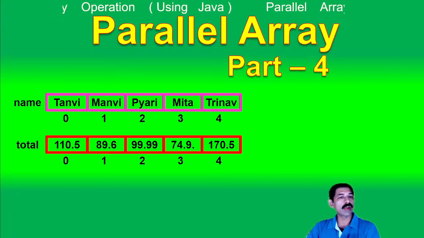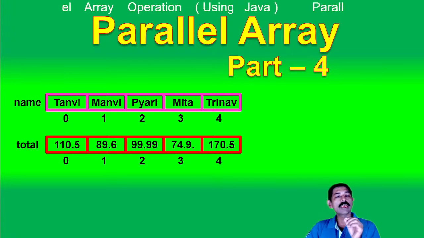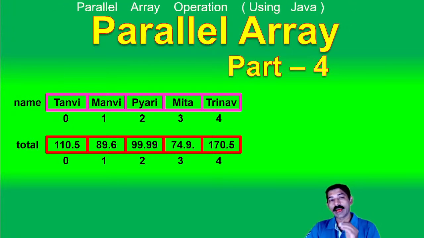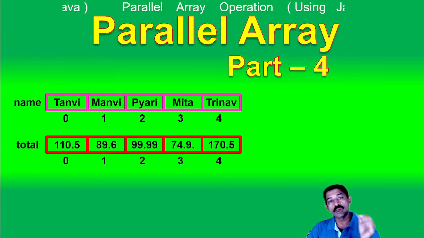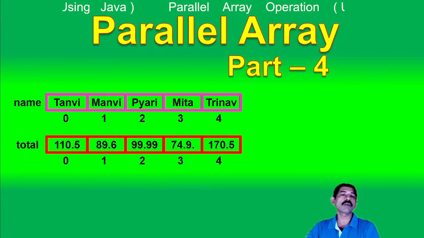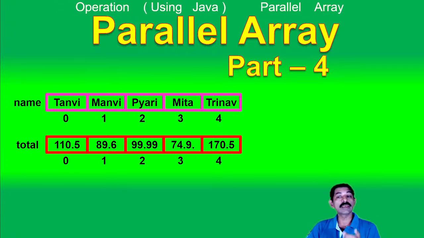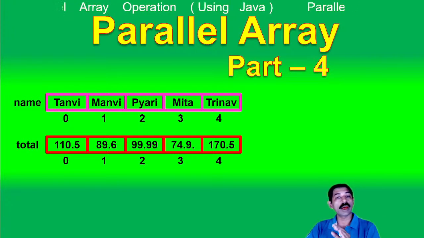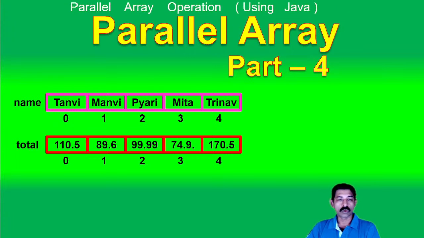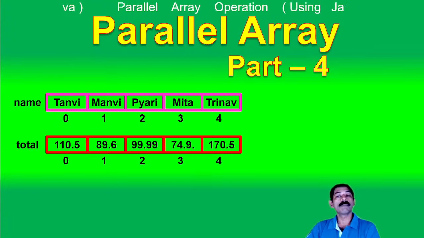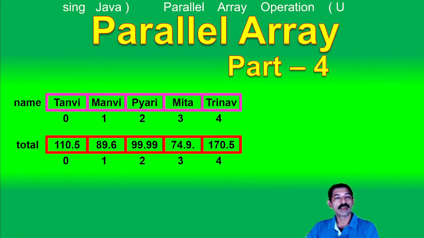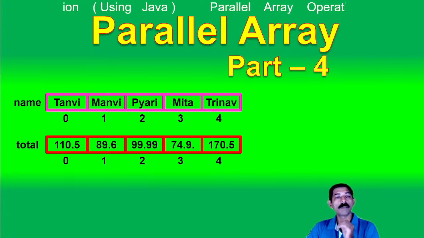In that case, the index position of the original array and the index position of the array in which I am storing were not the same. But in this case, the index position of both the arrays is the same. So that's why it is called a parallel array. So let's start our mechanism of parallel array.